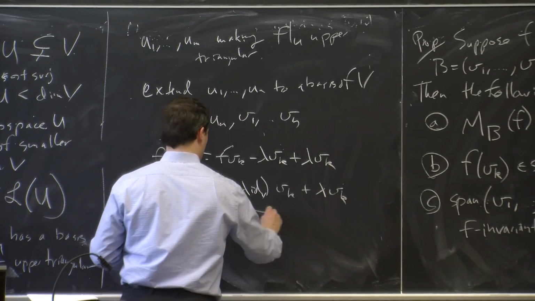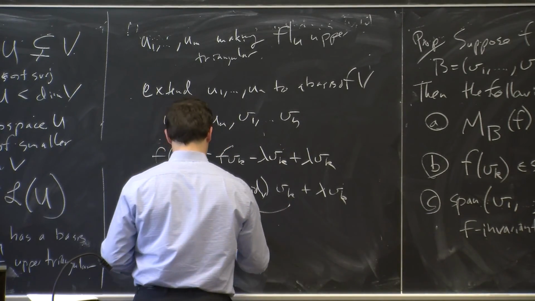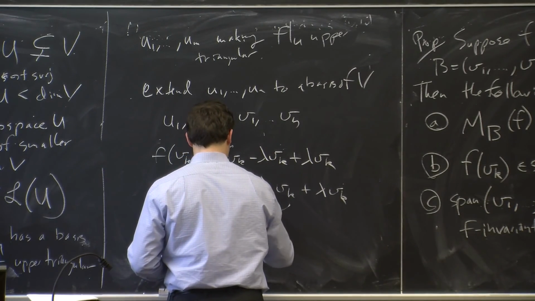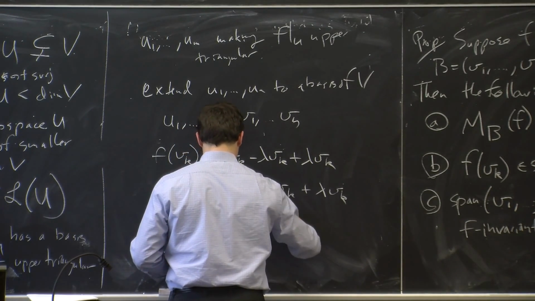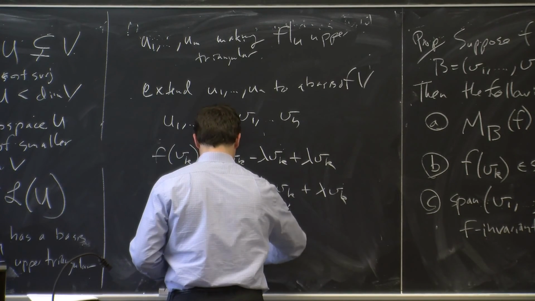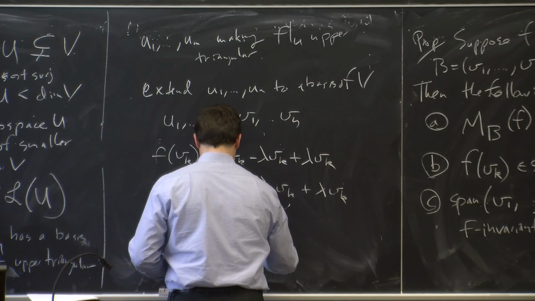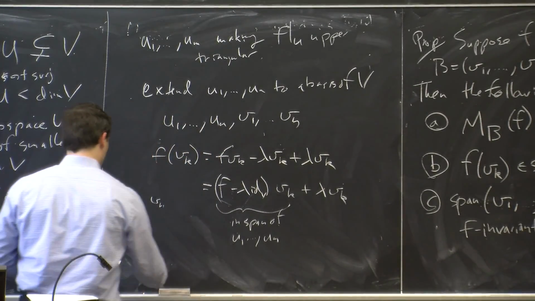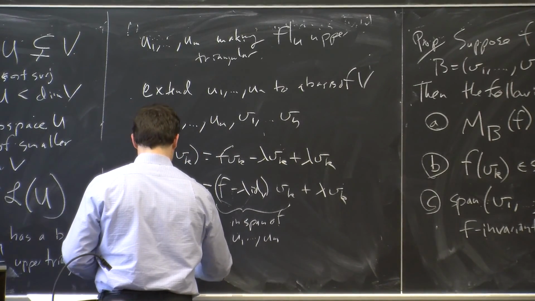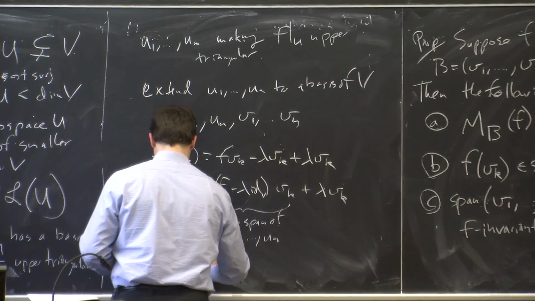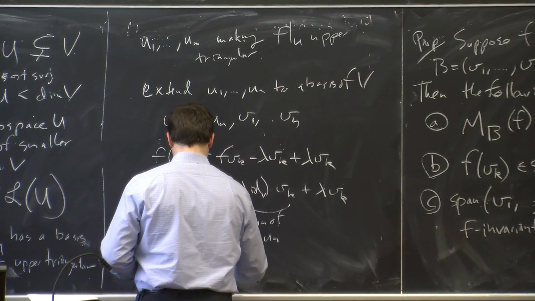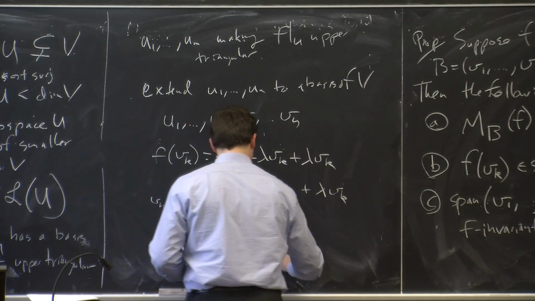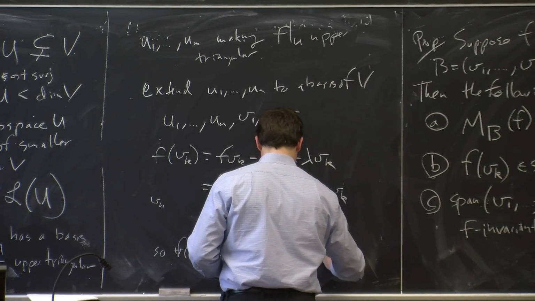And here we have something which, by our previous argument, can be placed in the span of U1 up to UM. So F of Vk is in the span of U1 up to UM, V1 up to Vk.